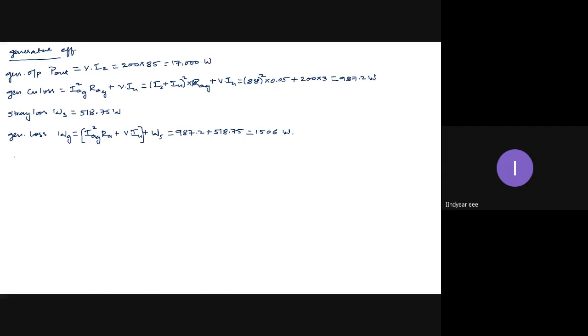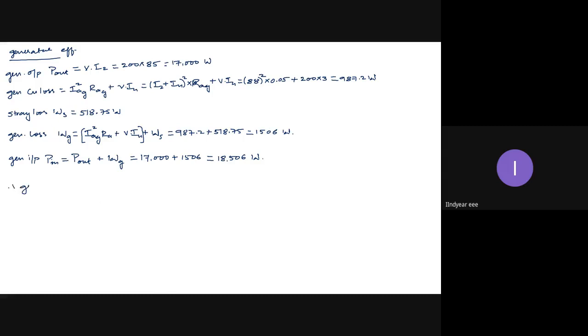Therefore, generator input P in is equal to P out plus generator losses, 17,000 plus 1506, so it is 18,506 watts.